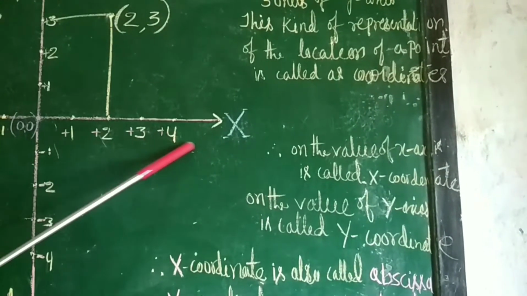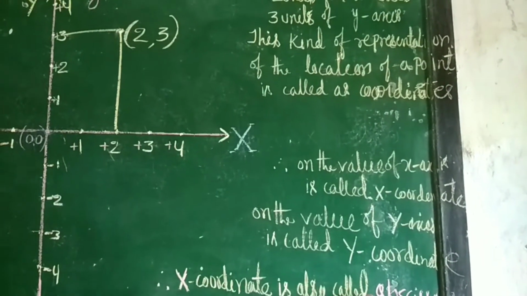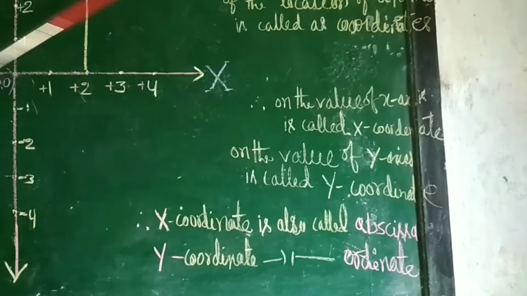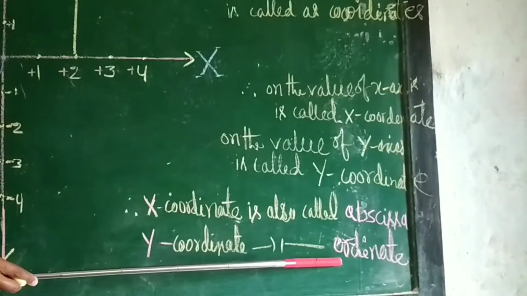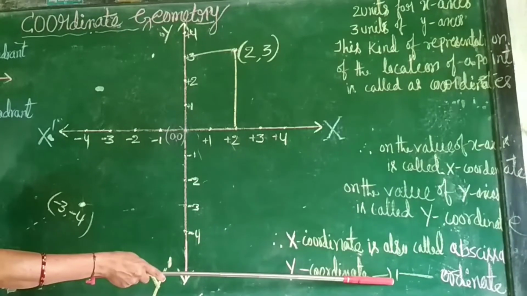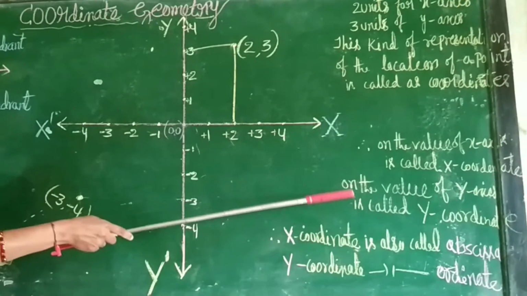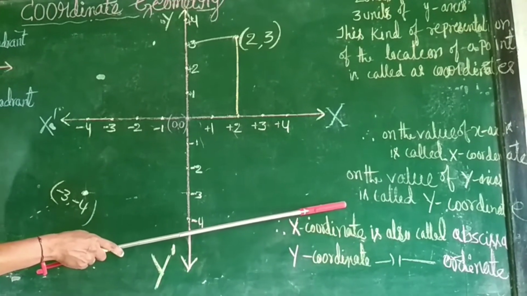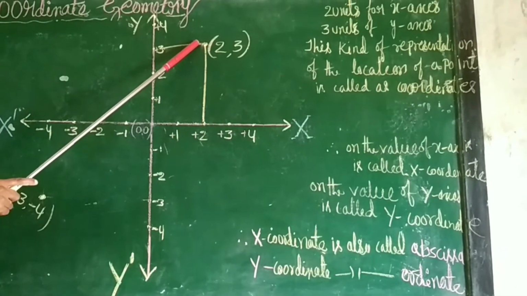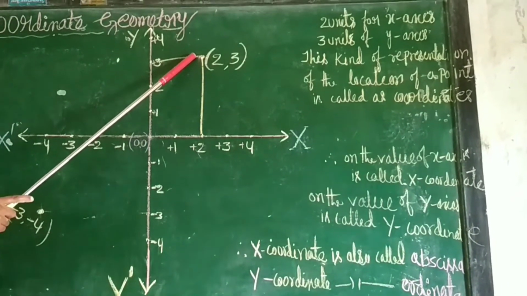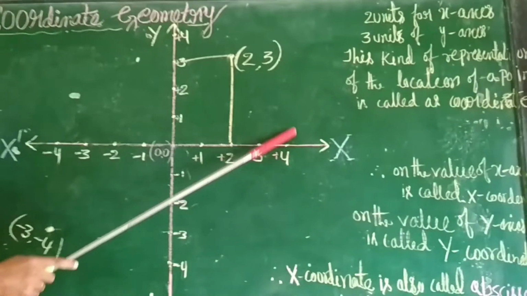The x coordinate is also called the abscissa and the y coordinate is also called the ordinate. Talking about the coordinates, we can say it is the location of a point. In other words, it is nothing but the address of the point.